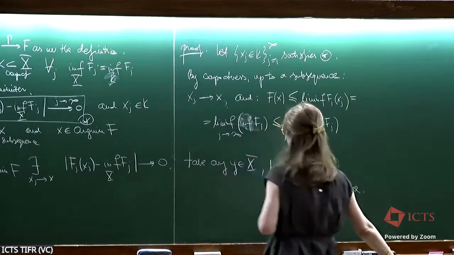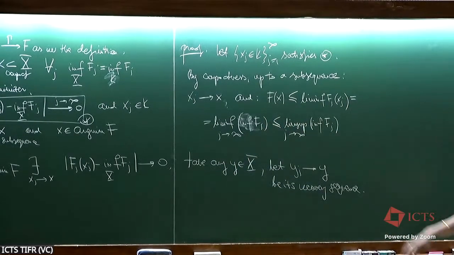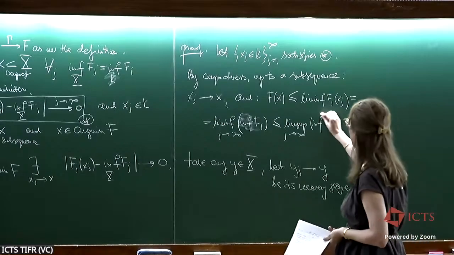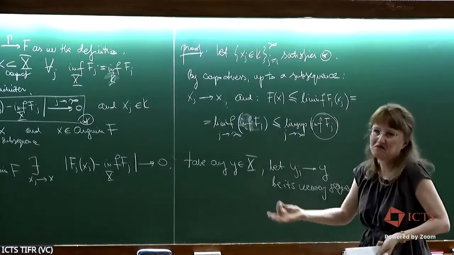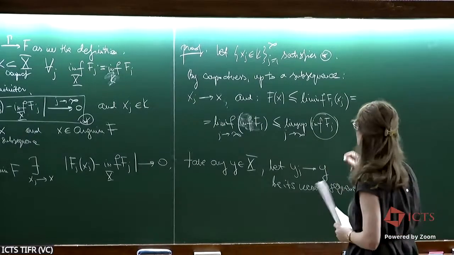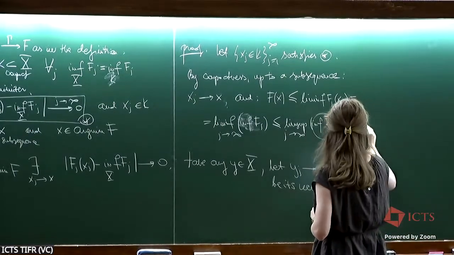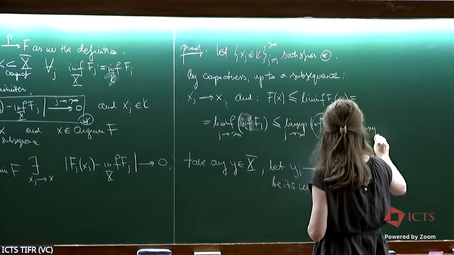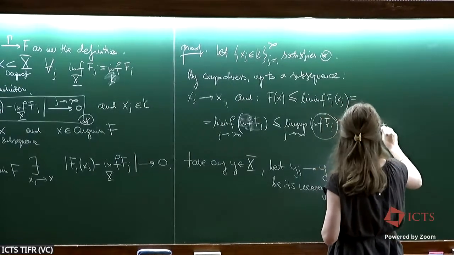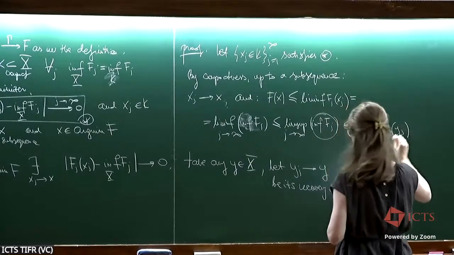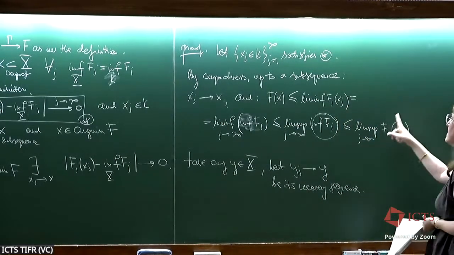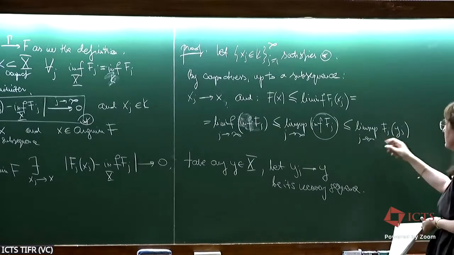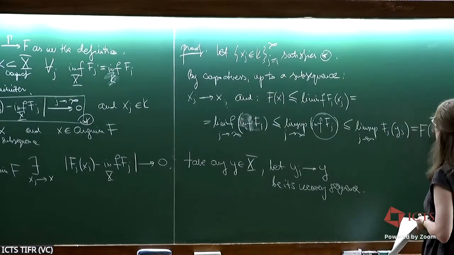I'm using the property of the gamma convergence. Of course, the infima of Fj is less or equal than the value of Fj on yj, right? Yj is just some point. So this is bounded by lim sup, when j goes to infinity, of Fj of yj. But that's the property of being a recovery sequence: the limit exists, and it is f of y.